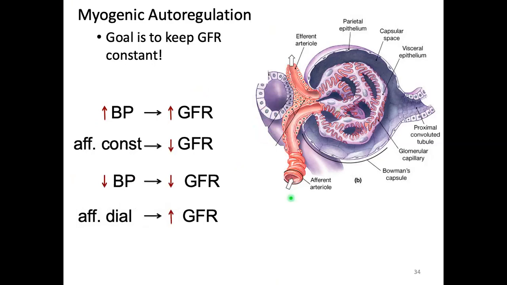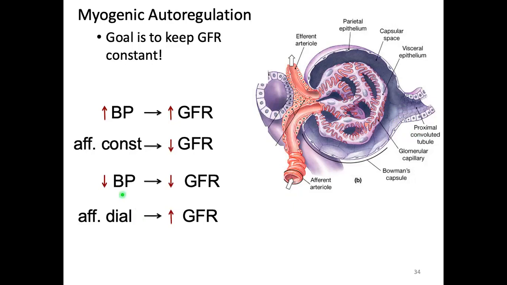Okay, so look at the afferent arteriole. If blood pressure goes up, what happens to glomerular filtration rate? That's going to go way faster, right? And so what is this afferent arteriole going to do? It's going to constrict so that glomerular filtration rate slows down or drops, okay?